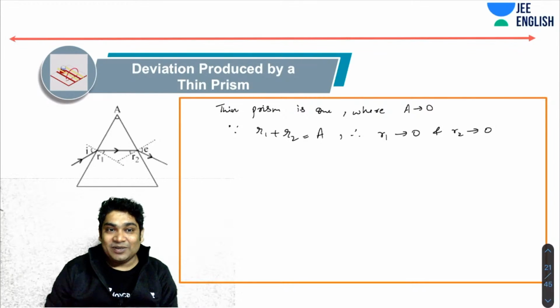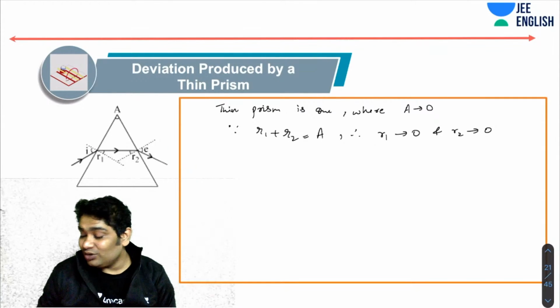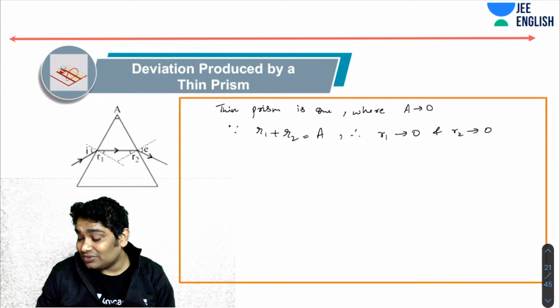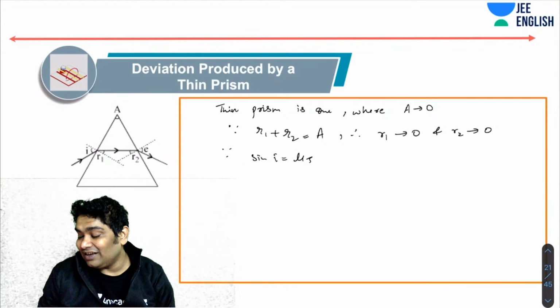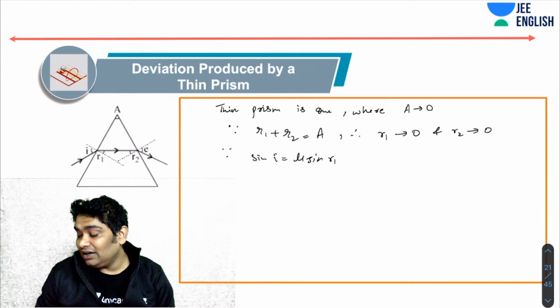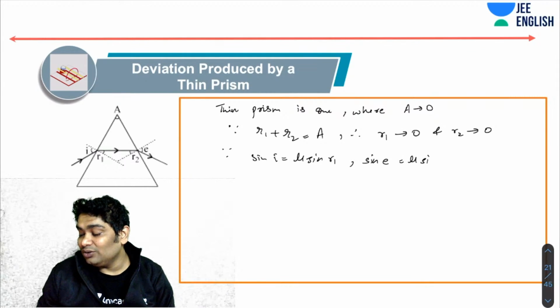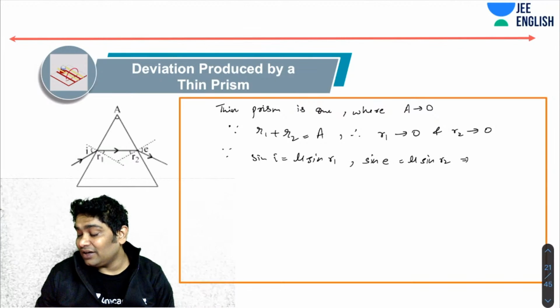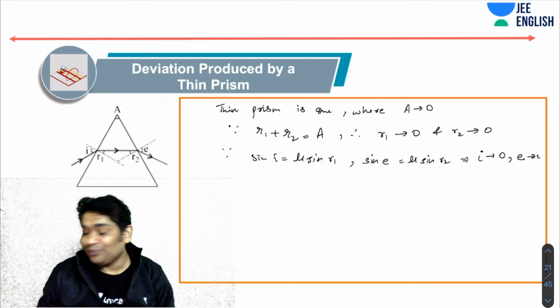So for such a prism, R1 and R2 also tend to 0, and since I know sine I equals mu sine R1 and sine E equals mu sine R2, and since these two angles are tending to 0, for such a prism, I also tends to 0 and E also tends to 0.